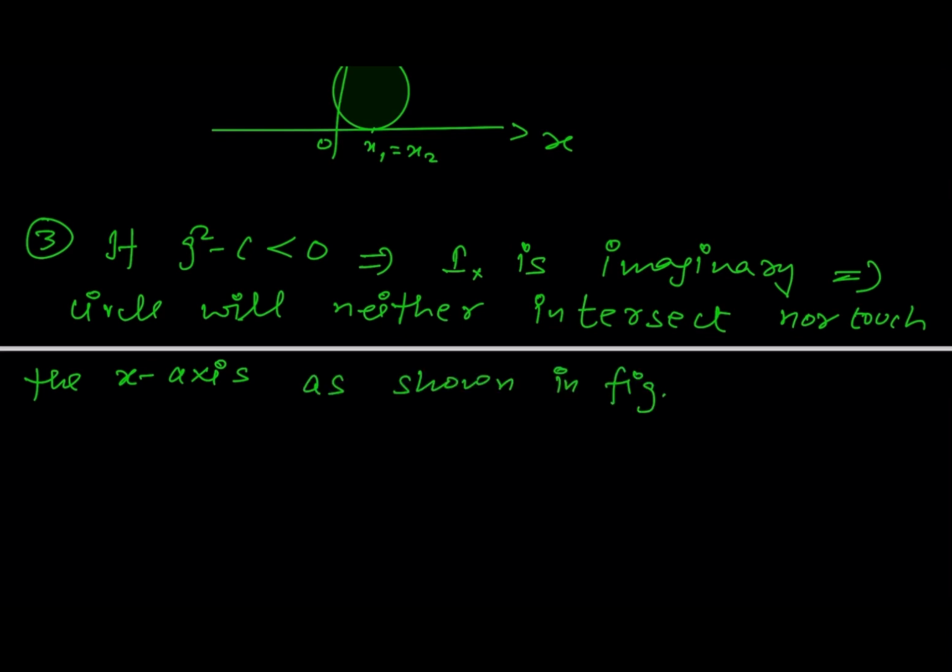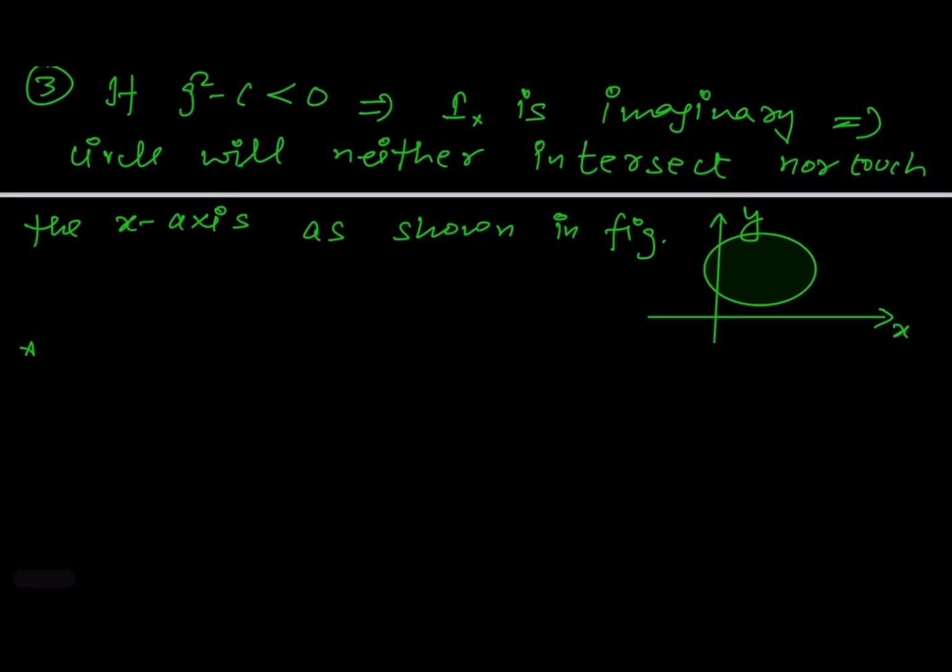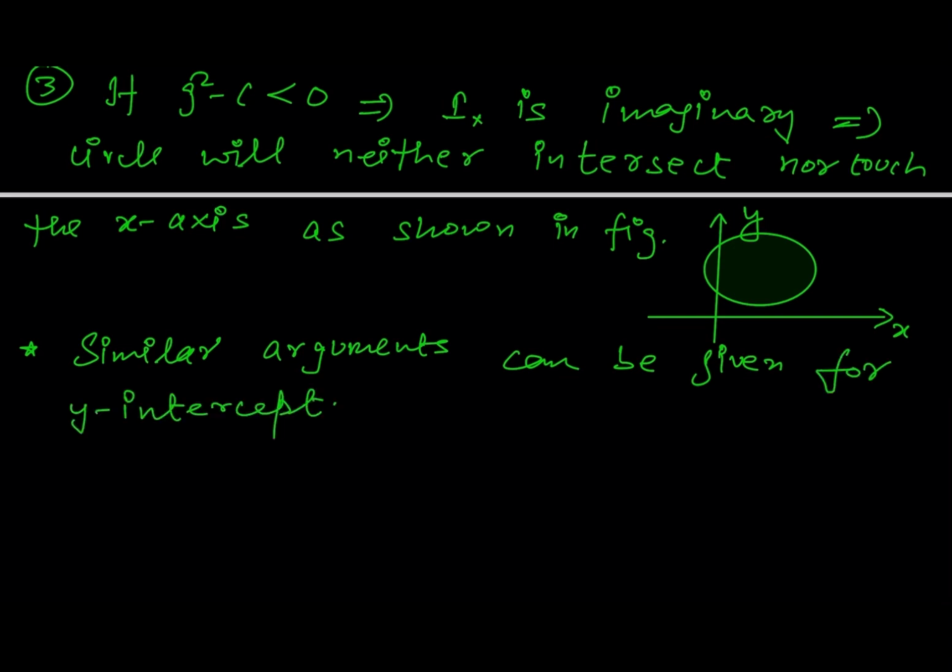Say this is a circle which is neither touching nor intersecting the x-axis. Also, similar arguments can be given for y-intercept. I'm not writing here for y-intercept. This can be self-understood.